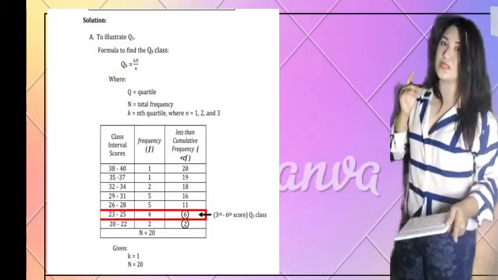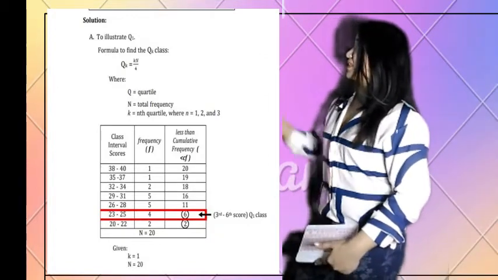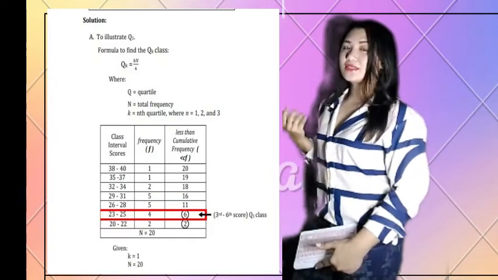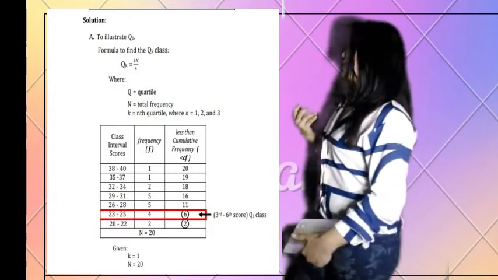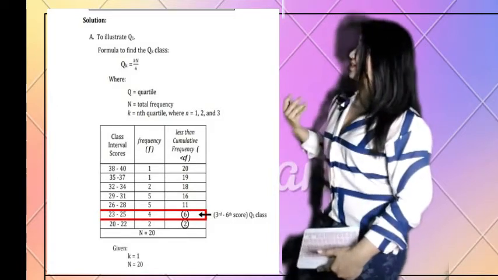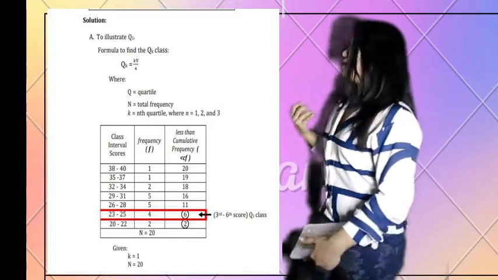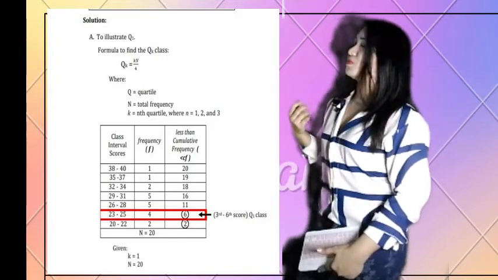Wherein your Q represents quartile, and your big letter N represents the total frequency, while your k is the kth quartile, wherein your small letter k is equal to 1, 2, and 3.